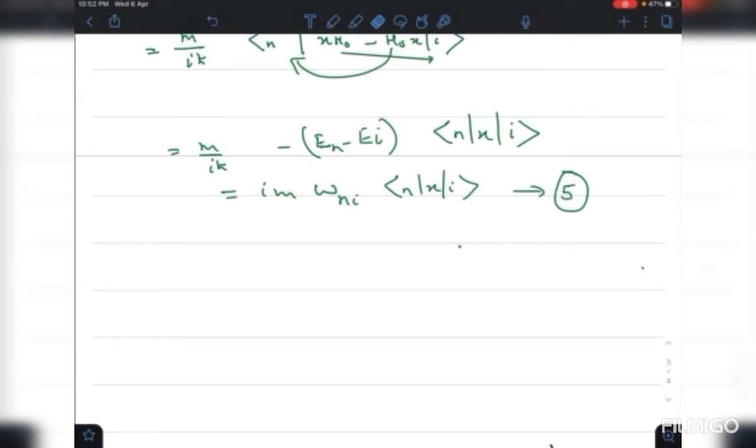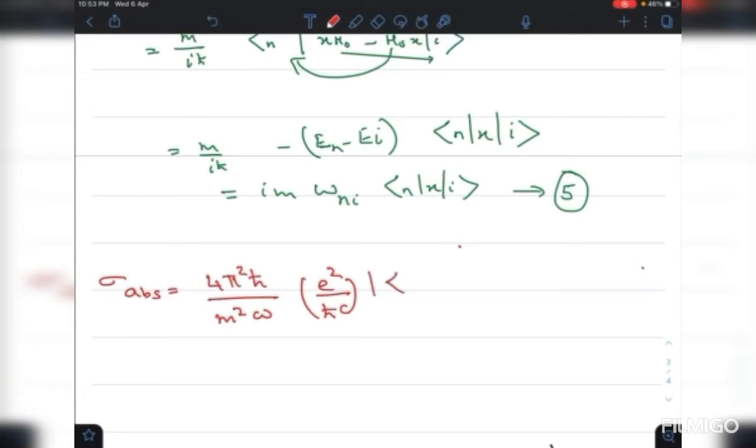Now again, going back to the monochromatic field of the plane wave, we have sigma ABS equal to 4 pi square h cross by m square omega, e square h cross c, which we have put as alpha, modulus n e raised to i omega by c n dot x epsilon dot p i, the whole square, delta En minus Ei minus h cross omega.